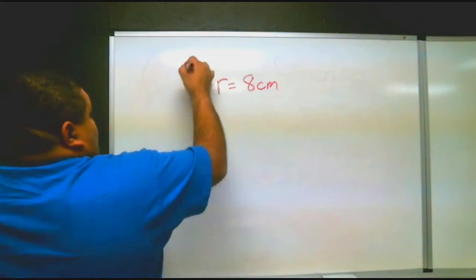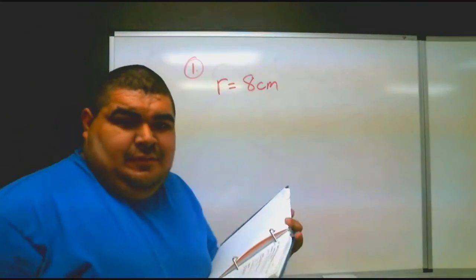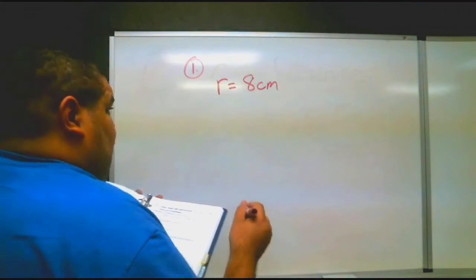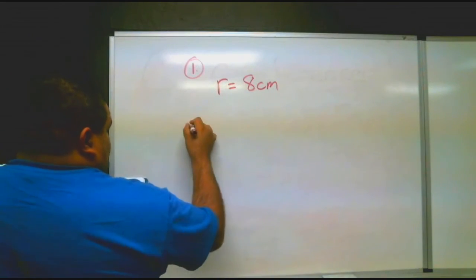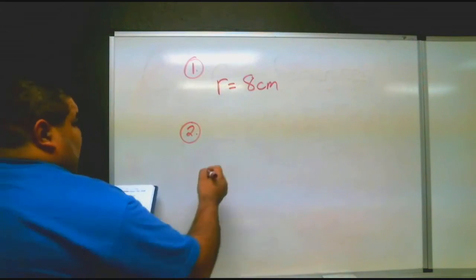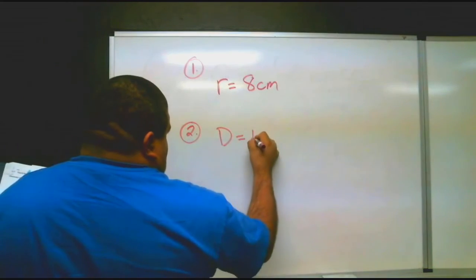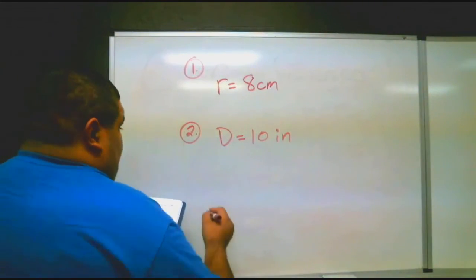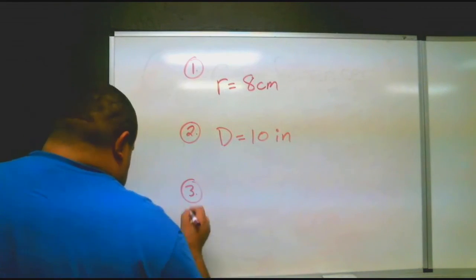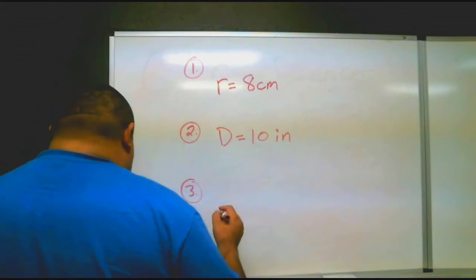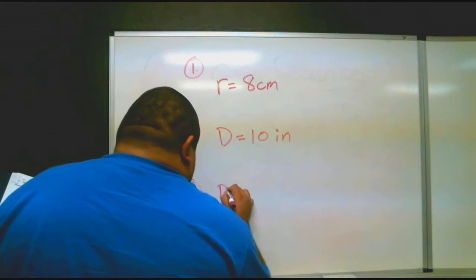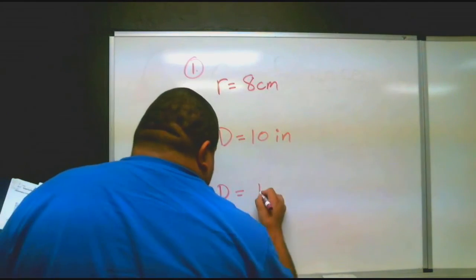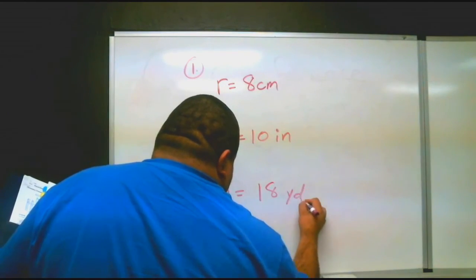For number 2, you have a diameter that equals 10 inches. And for your third one, you have a diameter that equals 18 yards.